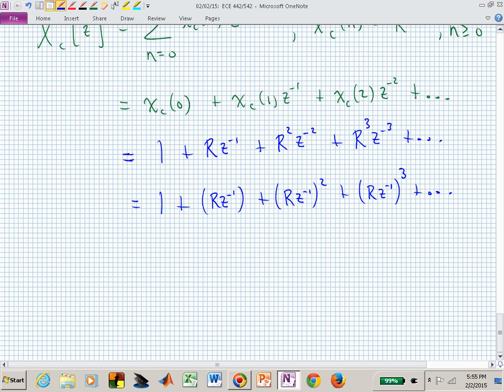We've identified this similar factor, r z to the minus 1, which allows us now to say, okay, I know that capital X sub c of z is this 1 plus rz to the minus 1 plus rz to the minus 1 squared. When will that infinite sum be well behaved, or when will it converge?